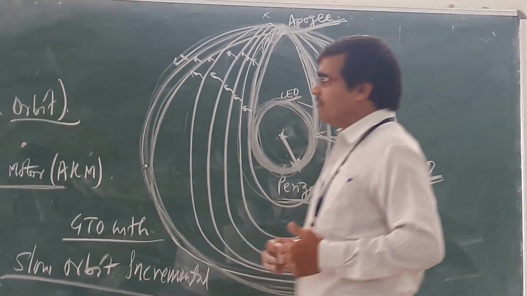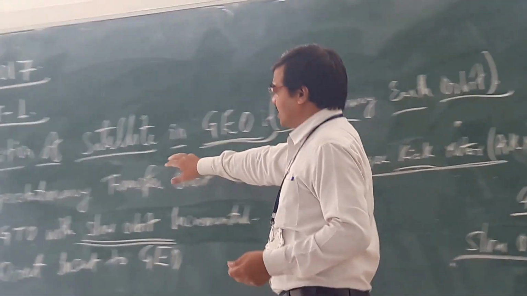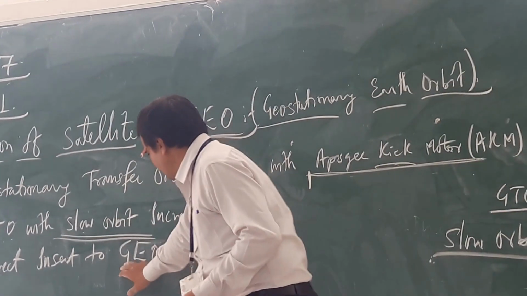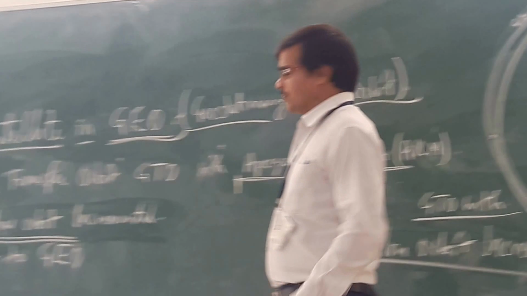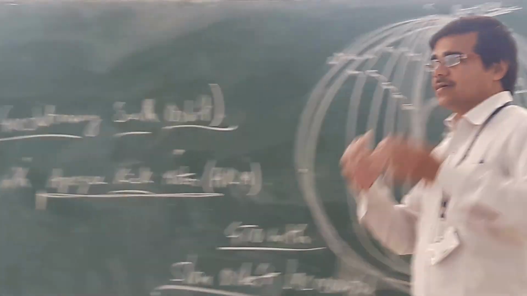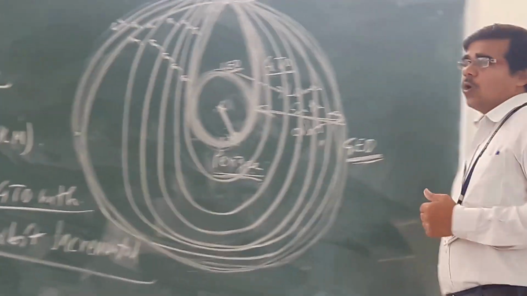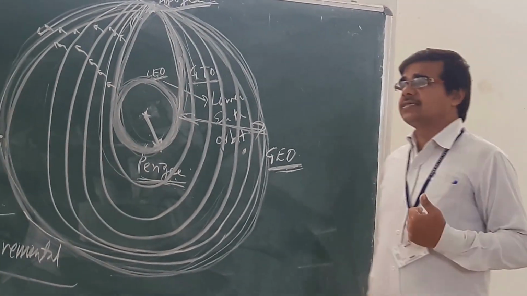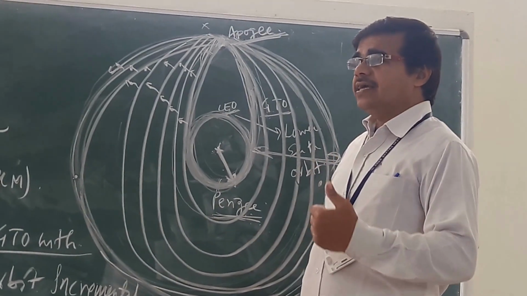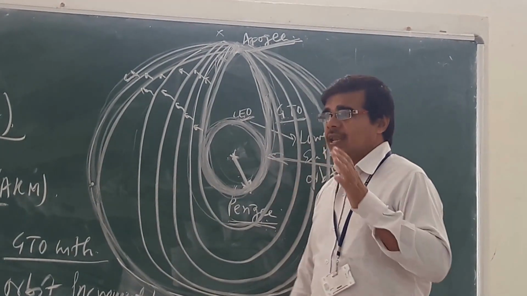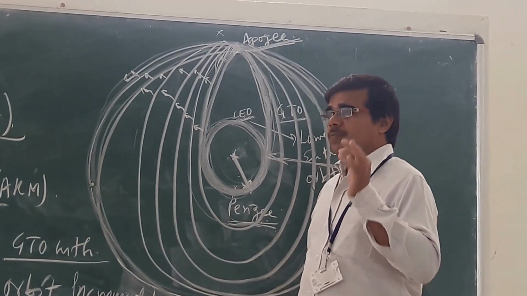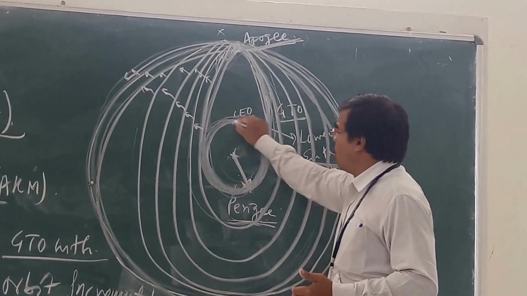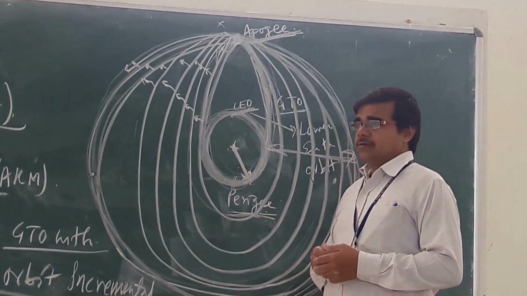Okay. The third way by which we can position the satellite is direct insert to geostationary Earth orbit. Here it is very direct insert. So if you are seeing the first and second case, the launch vehicle is responsible for keeping the satellite till lower Earth orbit.